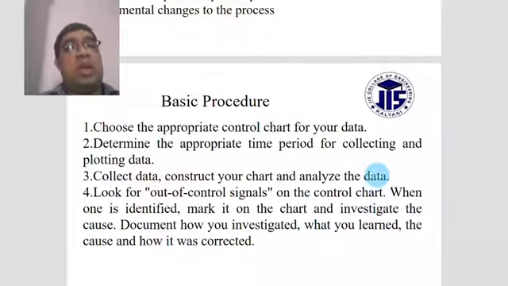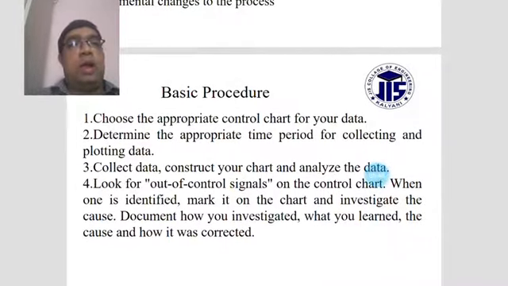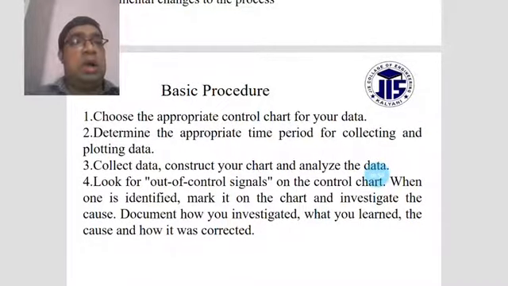When one is identified, mark it on the chart and investigate the causes. Some obstructions or defects may arise, so the first step is to investigate the causes.